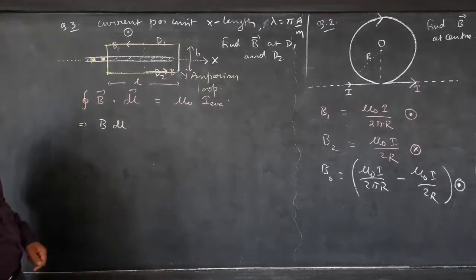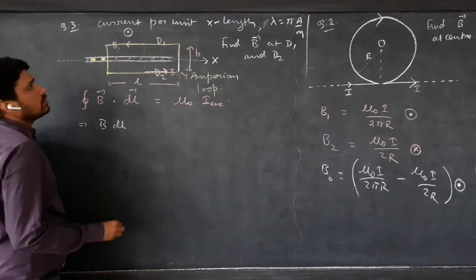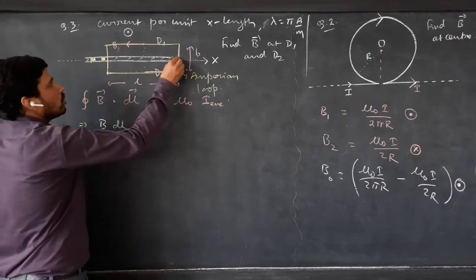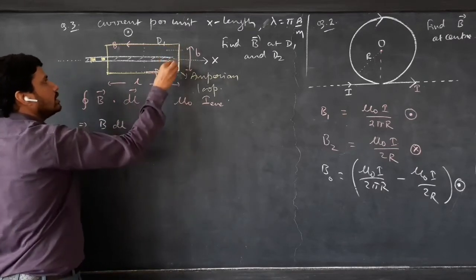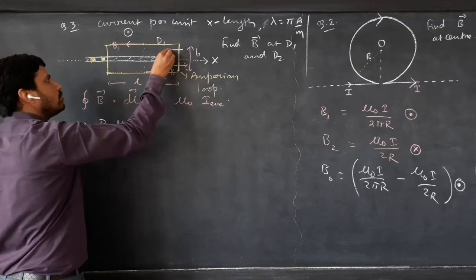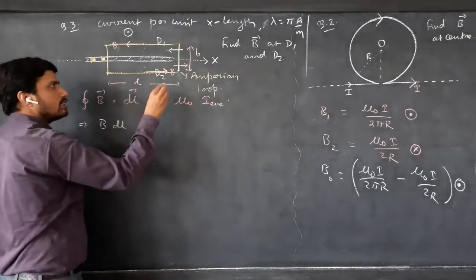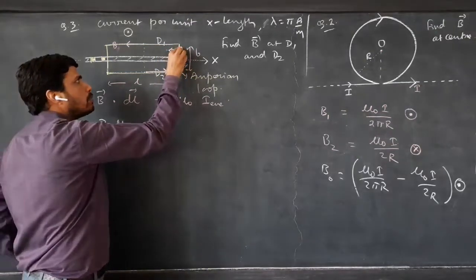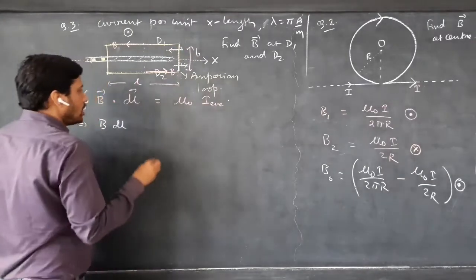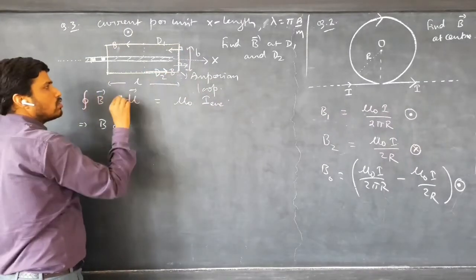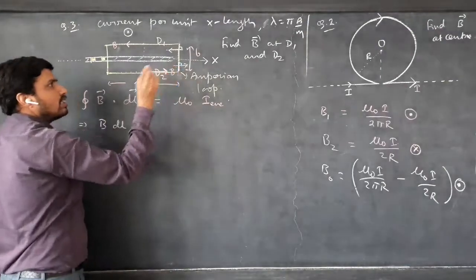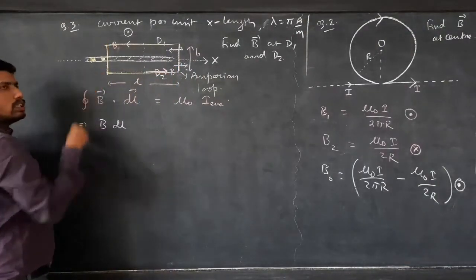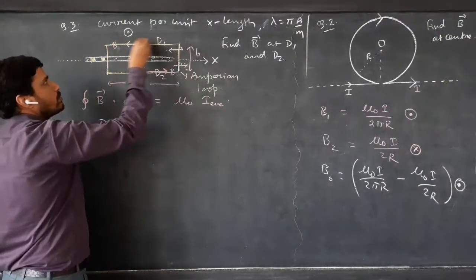So they are perpendicular to each other. And when you cross this position, magnetic field is again here. Magnetic field is towards right. Here magnetic field is towards left. But in either case, the magnetic fields are perpendicular to dl vector element. So since they are perpendicular, B dot dl becomes 0 in this part. Likewise, B dot dl will be 0 in this part also. So we are left with this part.